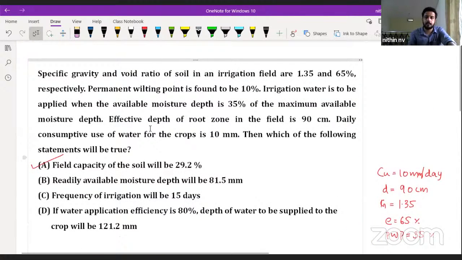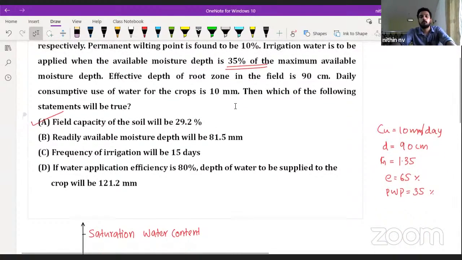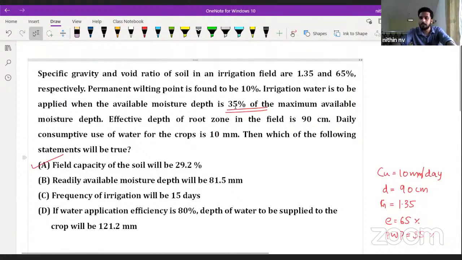Instead, they have given that the irrigation water is to be applied when the available moisture depth is 35% of the maximum available moisture depth. So what is the meaning? First we have to calculate the maximum available moisture depth, from where we are going to calculate our readily available moisture depth. Clear?